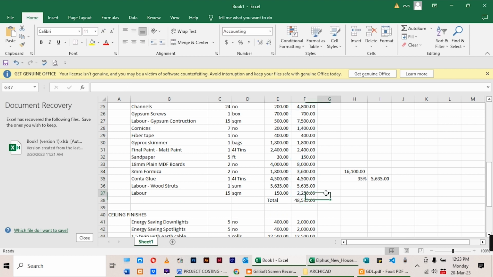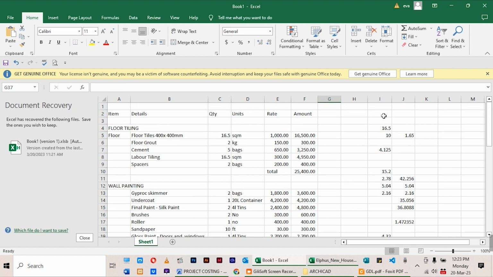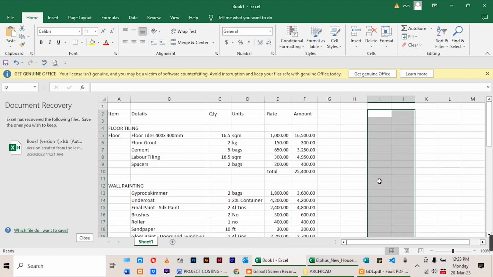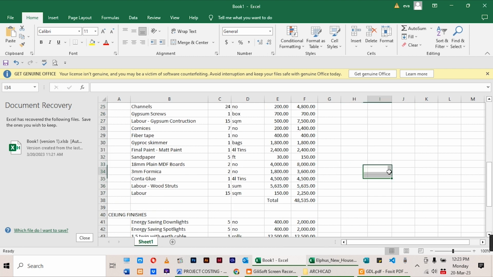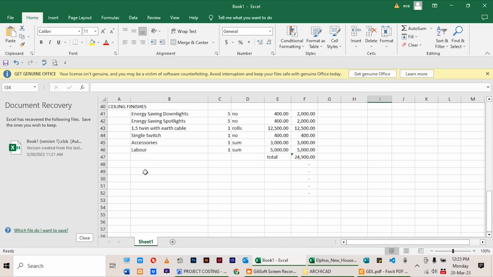And then get the total cost. That's okay. We finished with everything that we wanted. So we need a summary page. Summary page.